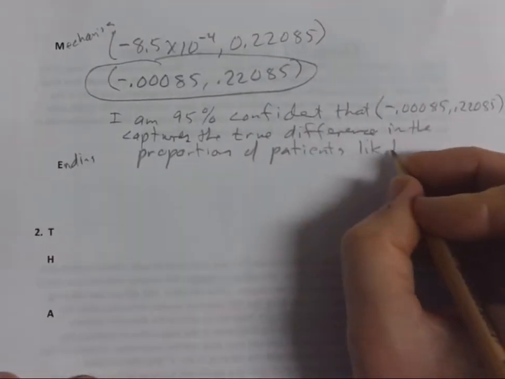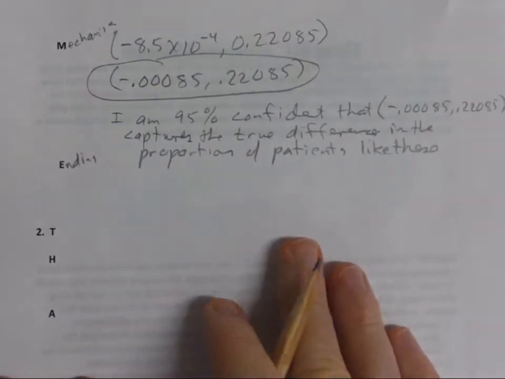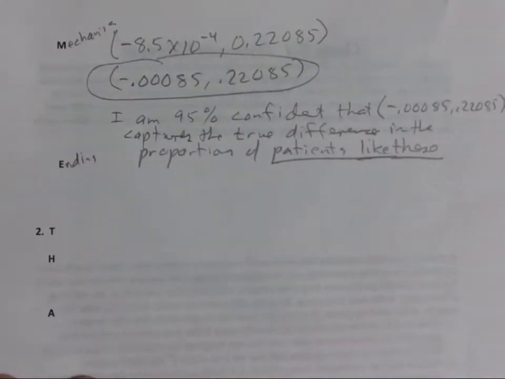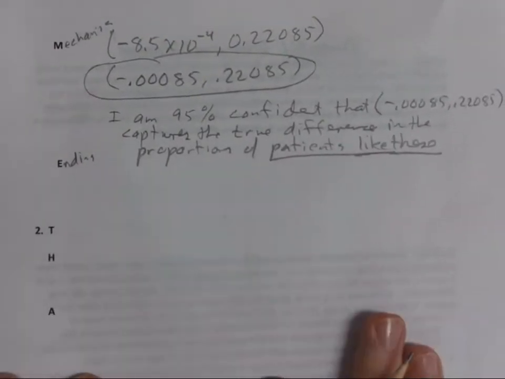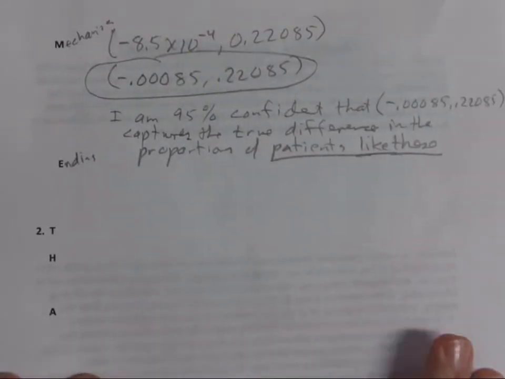like these. And that's the main reason I wanted to add on this video, because this is obviously really similar. Patients like these. That's what you have to say when you have an experimental situation where you don't have random selection.